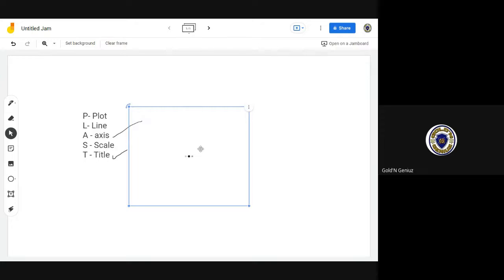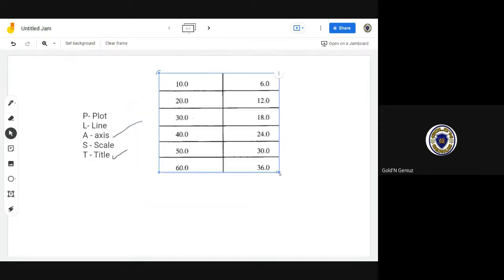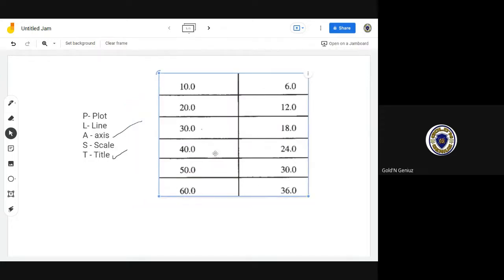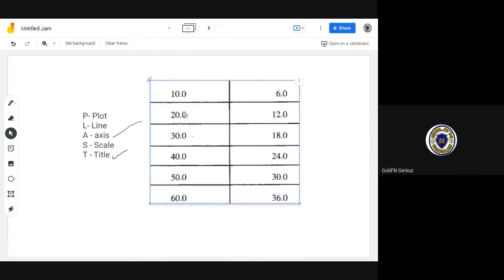It's not the correct thing, but just to show what we're working with. All right. So we have 10, 20, 30, 40, 50, 60. And then we have 6, 10, 18, 24, 30, and 36.